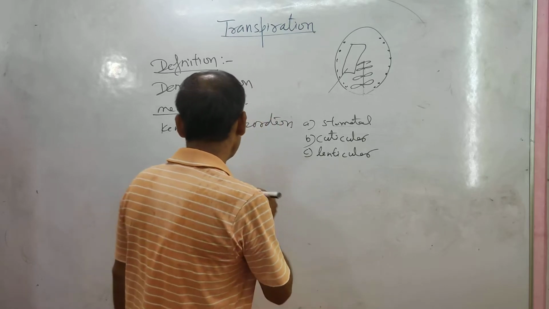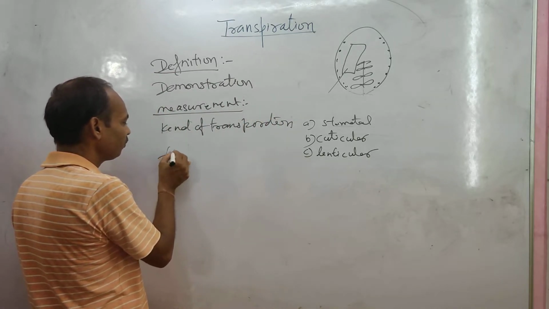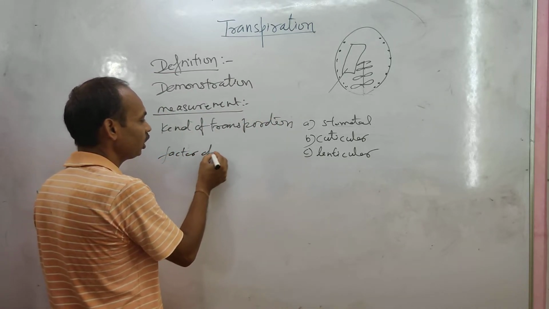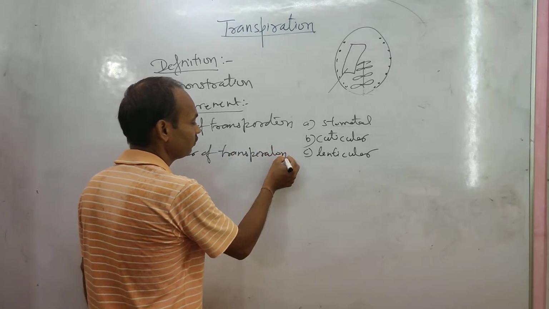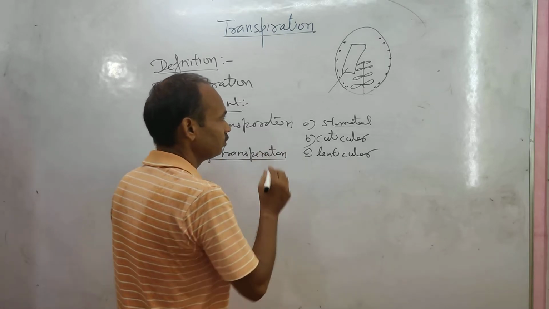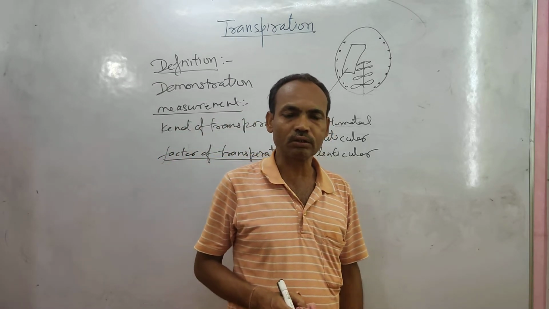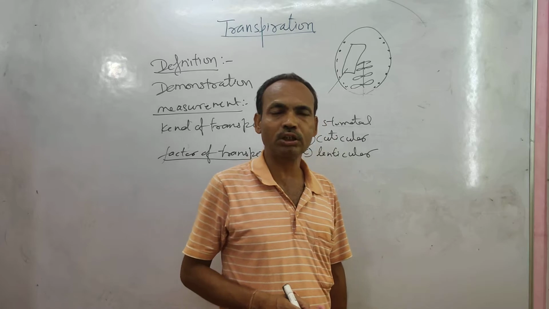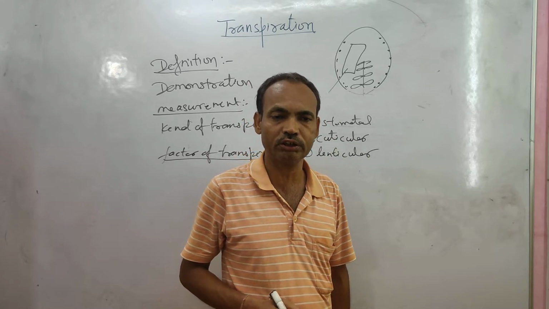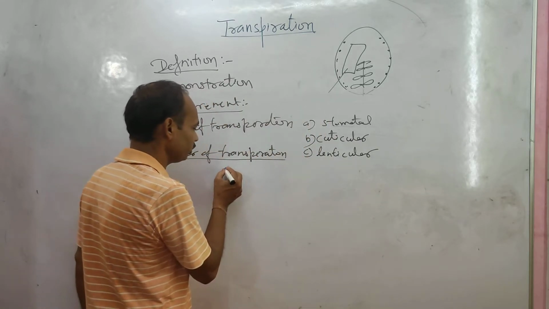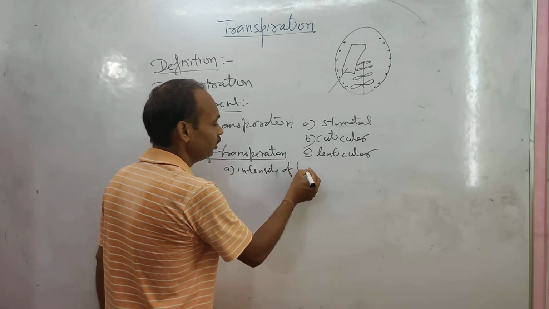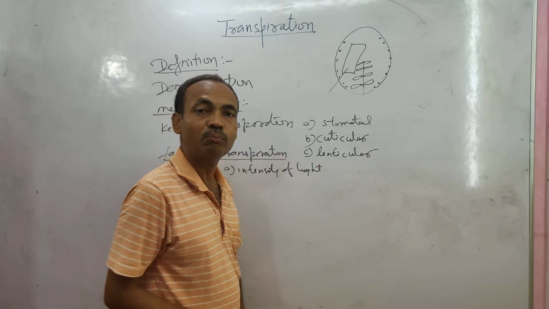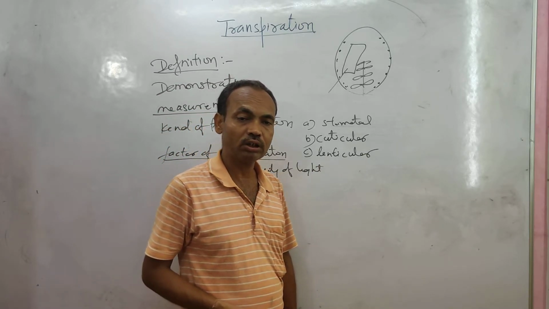Now, another important point: factors of transpiration. These are factors responsible for transpiration increasing or decreasing. The intensity of light: if more light, more transpiration; less light, less transpiration.